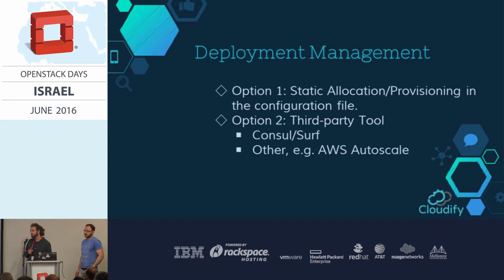Other things that I might want to do later that Terraform does not do is auto scaling. Because it's something that you write the configuration and you run once, there's no auto scaling built in. Maybe you can use Consul or Chef, but you can also use something completely external like AWS auto scaling.